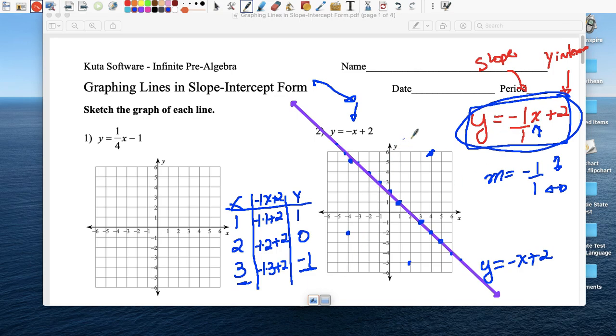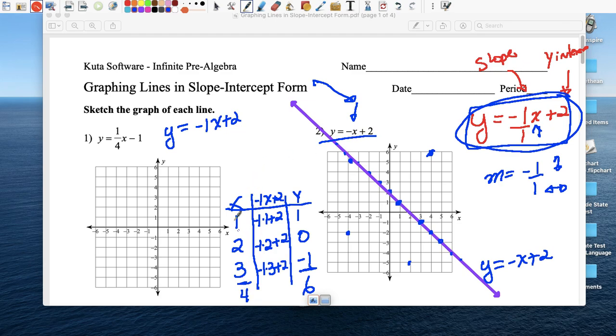So let's take a look at this one, 4 and 6. This point's 4 and 6. It's saying that when you plug in a 4, a 6 should come out. Well, let's see if that's true. Here's my equation, which I get from here.